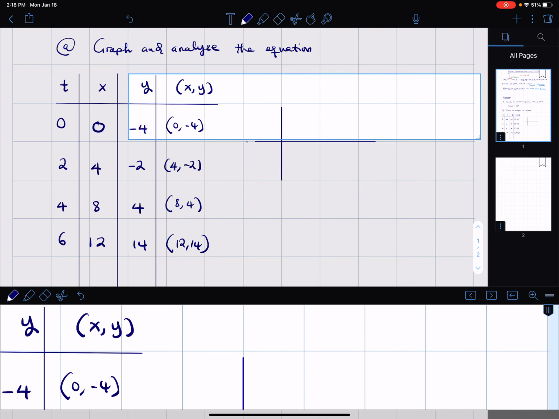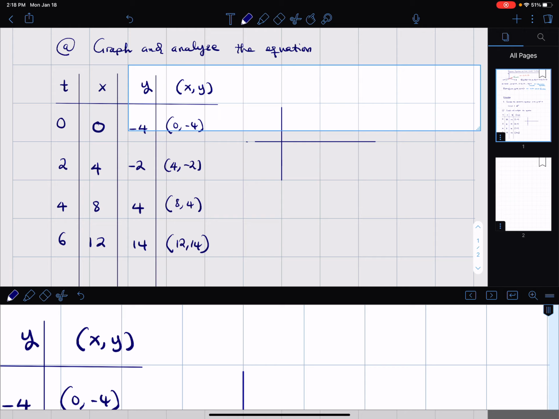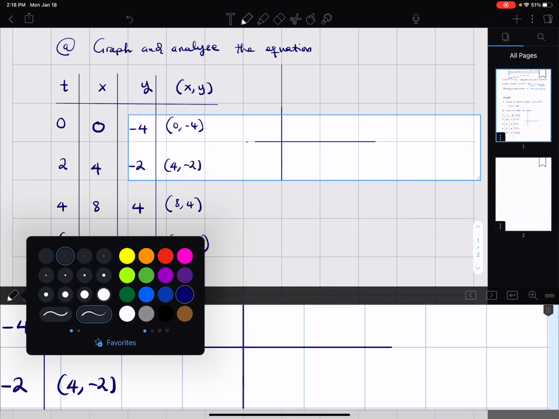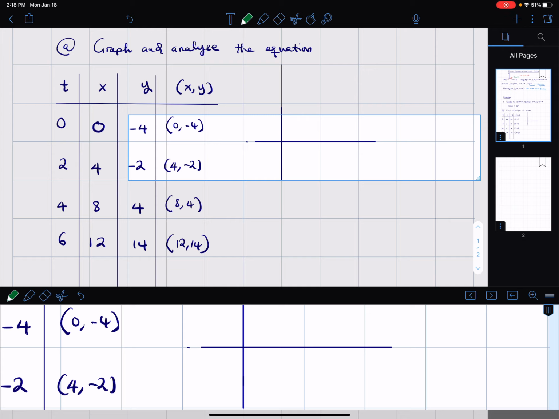Now, y went all the way to 14. I don't know if I'm able to go all the way to 14 in this little space that I have. But let's see. If we divide them into little units, this is 2, this is 4, and this is 6. This is 12.